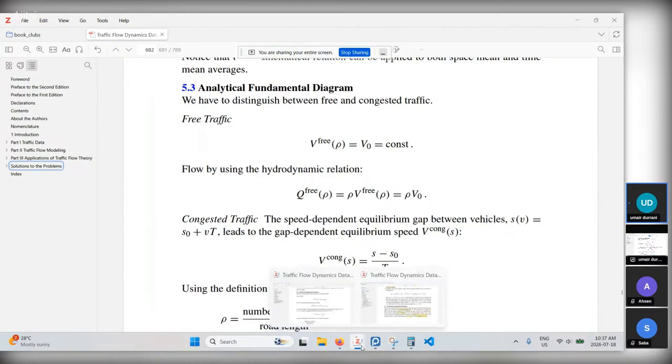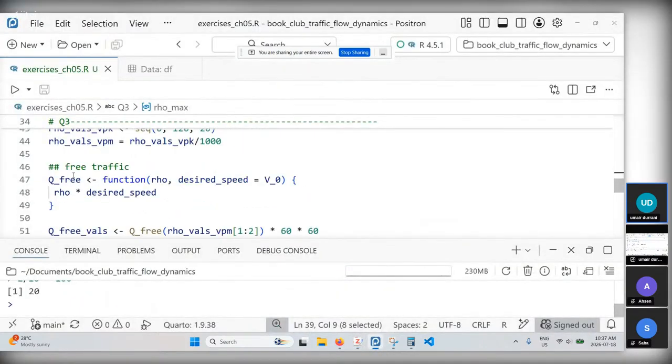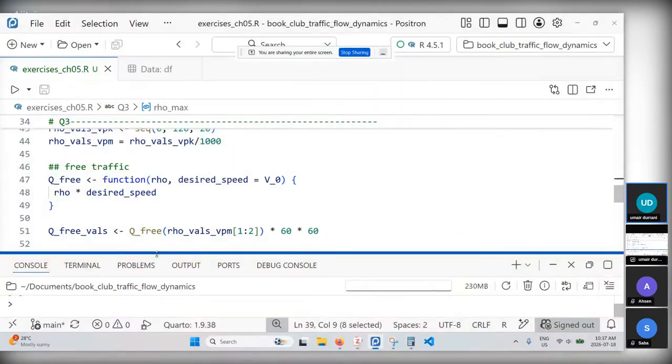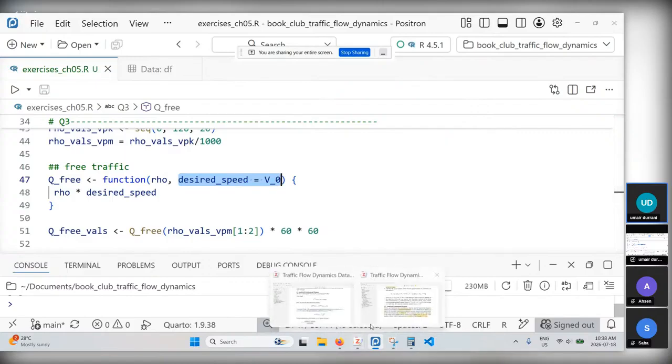So if we go back and estimate that, here is the free traffic section, and we have the... I made this as a function that takes in the density and already has a desired speed as the value which is given to us.